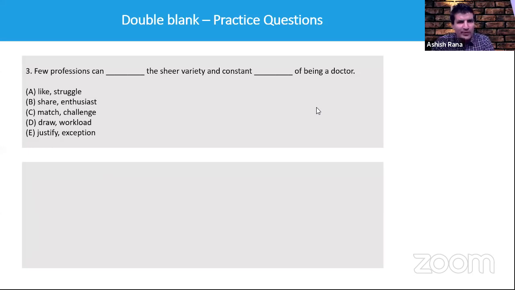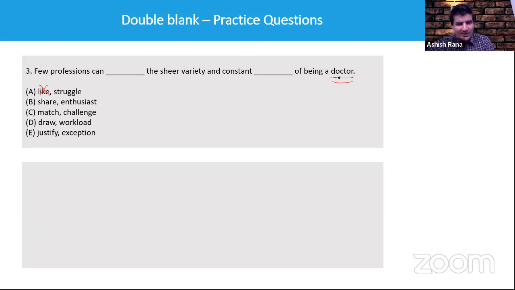It says few professions can dash the sheer variety and constant dash of being a doctor. So few professions can like, this doesn't make sense at all. That means somewhere we are trying to say that this profession of doctor is very good.